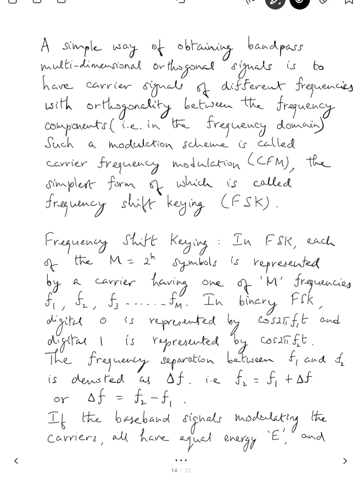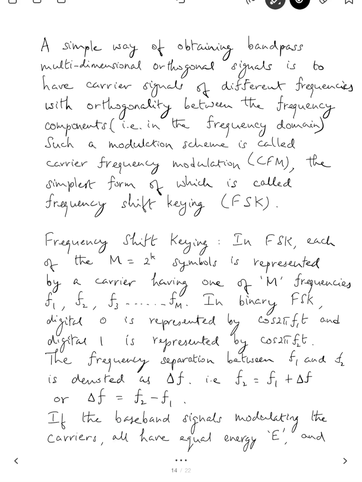So this is called orthogonality in the frequency domain. Previously in the baseband, the non-overlapping PPM signals that we saw are orthogonal in the time domain. What we are going to see here is called orthogonality in the frequency domain, and the corresponding modulation scheme, or the bandpass signals that we get as a result of such a scheme, are called carrier frequency modulated signals.